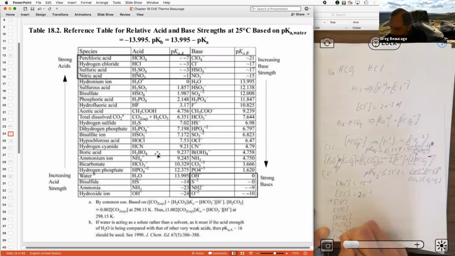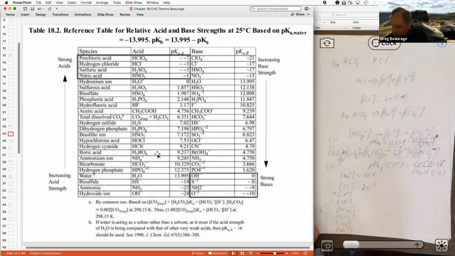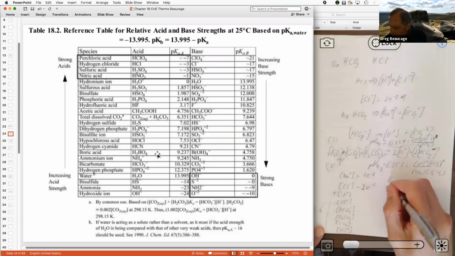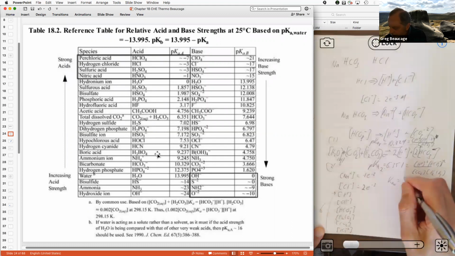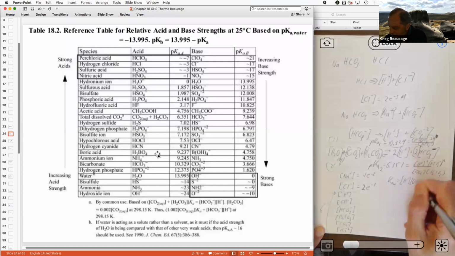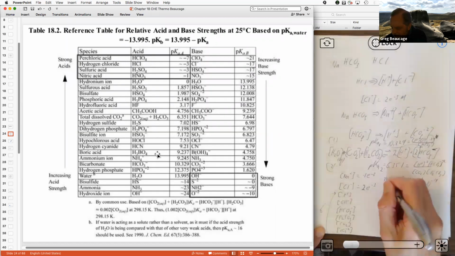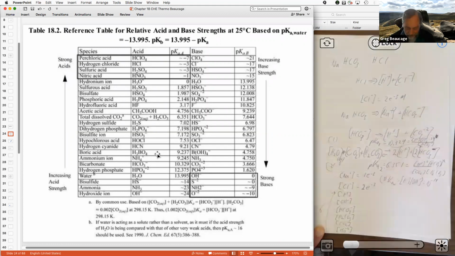Those two are known, so you have 6 unknowns, 2 knowns, and you need 6 equations to solve this. You have 2 Kas, and you have Ka water equals H plus times OH minus equals 10 to the minus 14. That's equation 3. So you need 3 more equations.